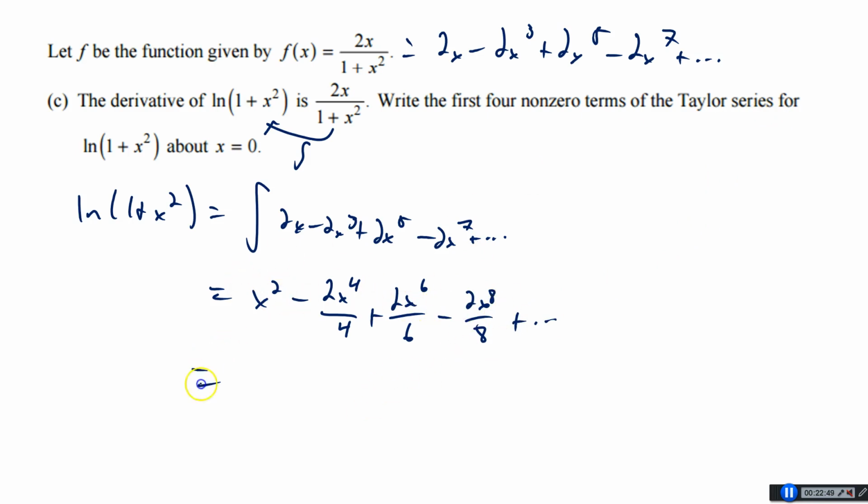That'll do it. So we could simplify here: x squared minus x to the 4th over 2, and then plus x to the 6th over 3 minus x to the 8th over 4, etc.